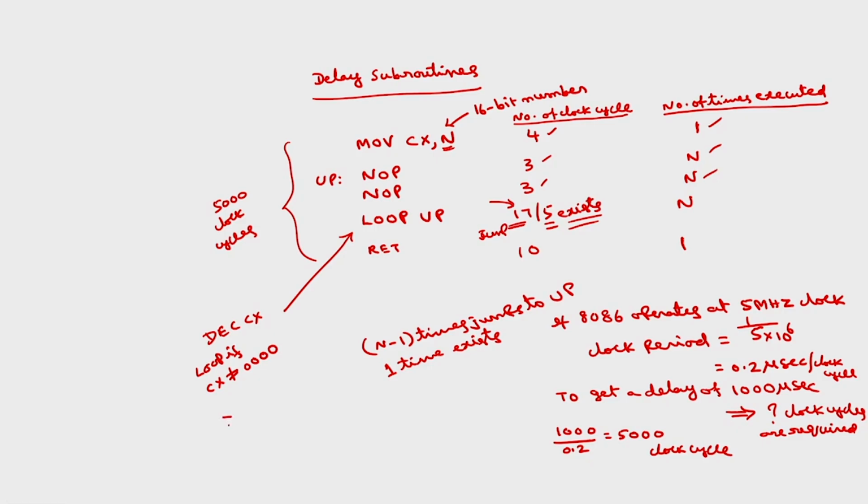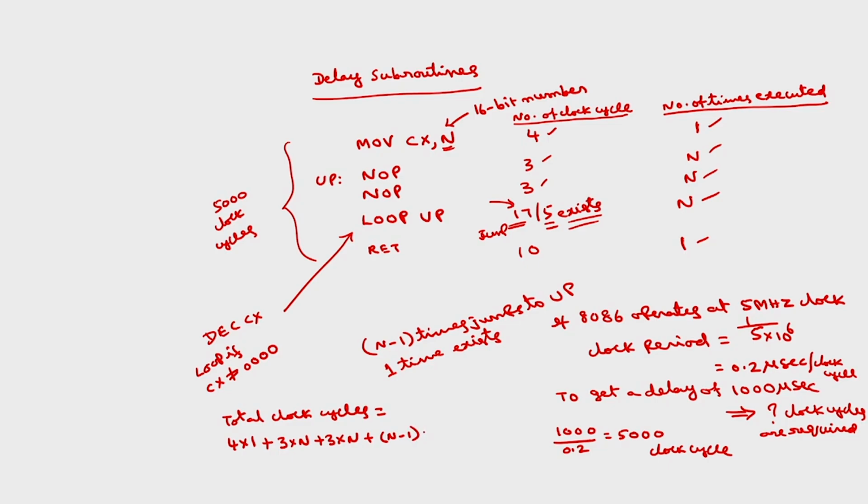So here total clock cycles is equal to 4 into 1 plus 3 into n plus 3 into n, because these instructions will be executed n times, plus, out of this n times, n minus 1 times it will jump to up.